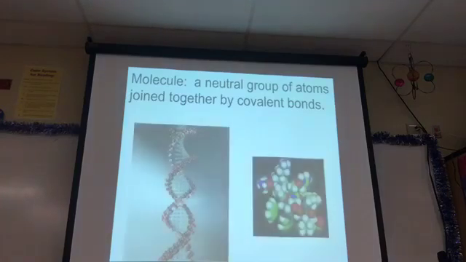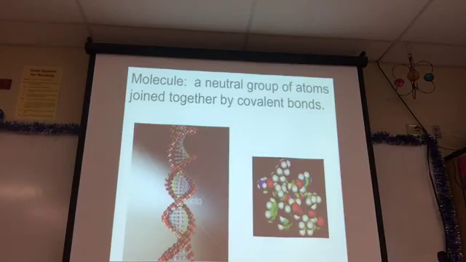Huge enough for your DNA. Your DNA is held together by covalent bonds. Also, antibodies. The antibodies in your body are covalently bonded. They are big, bulky molecules.